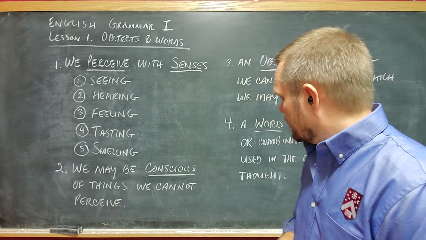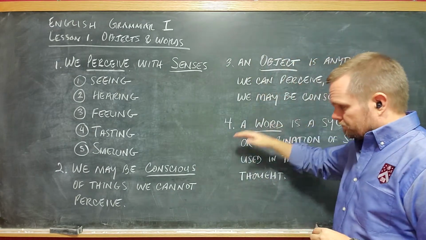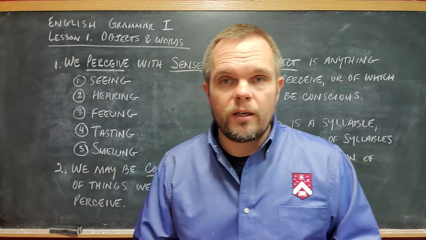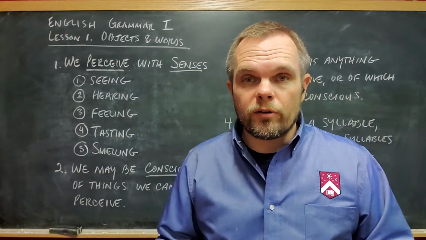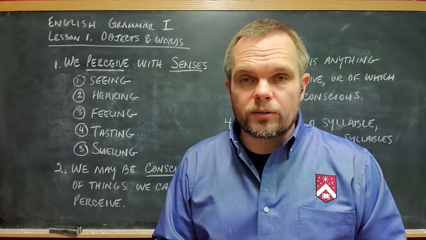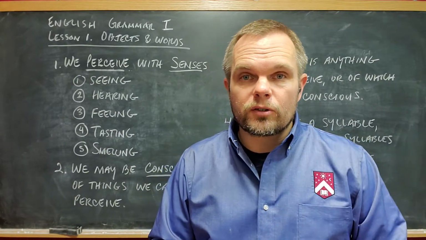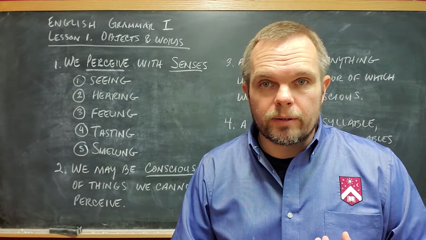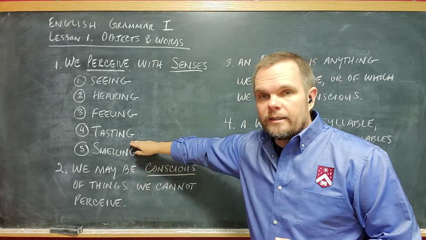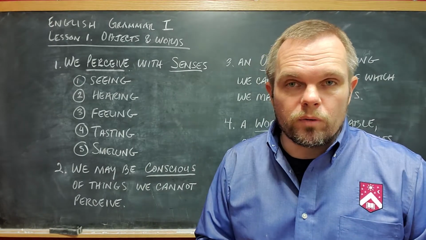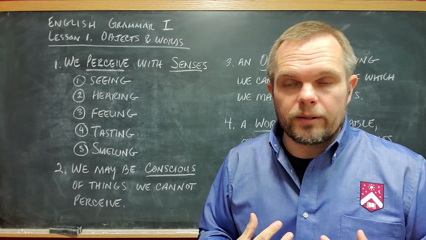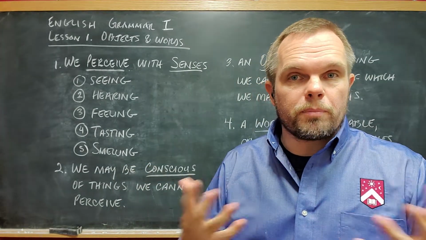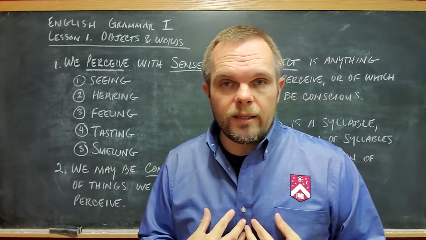Okay? Now, as I said before, one way that we can be conscious of something is by learning about it from someone else. Maybe someone else saw a beautiful flower and they'd like to tell us about it. Maybe someone else tasted some delicious food and they want to tell us about it. Maybe someone smelled a beautiful rose or some perfume and they want to tell us about it.